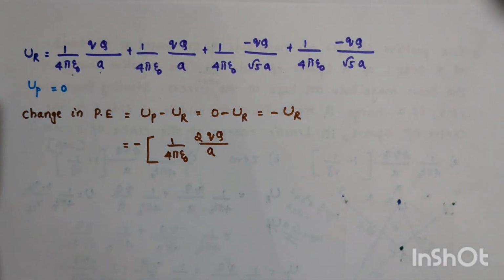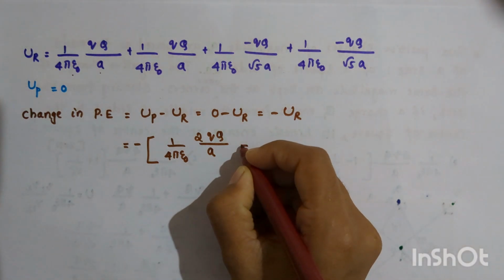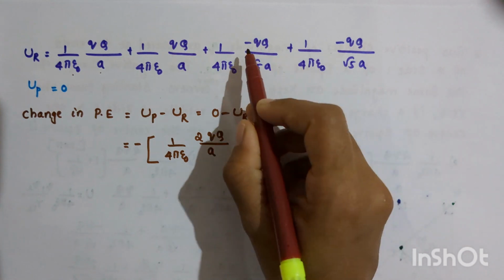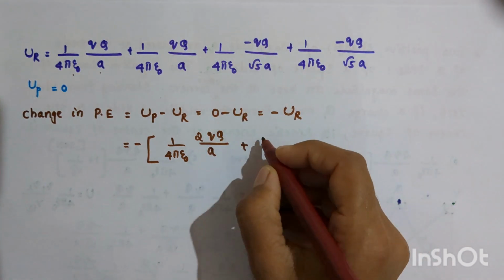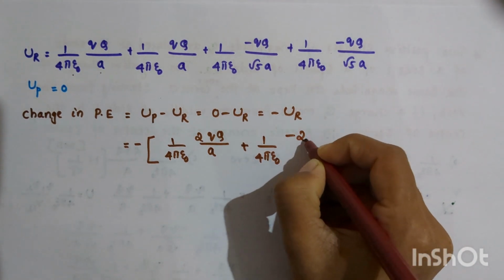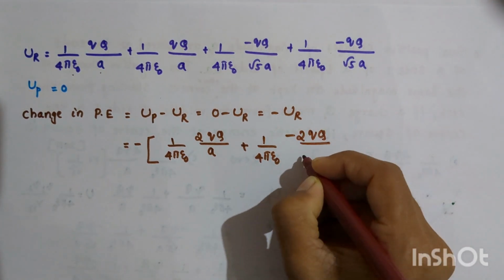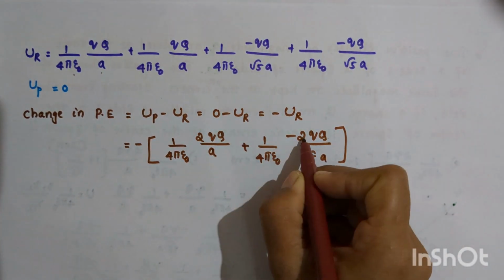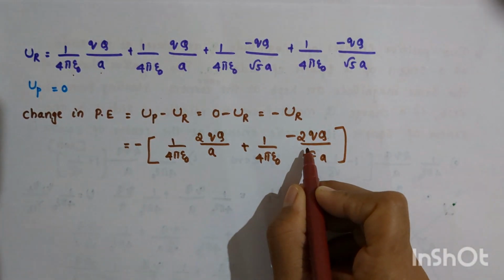Similarly, these two are the same terms, so we can write 2 times any one term. So 1 by 4 pi epsilon 0 minus 2QQ by root 5A, 2 times this.